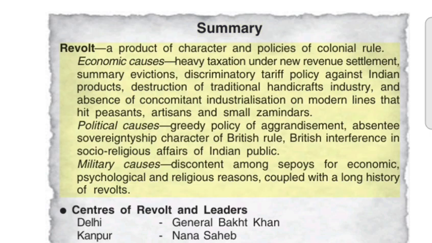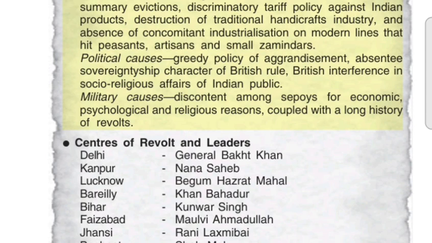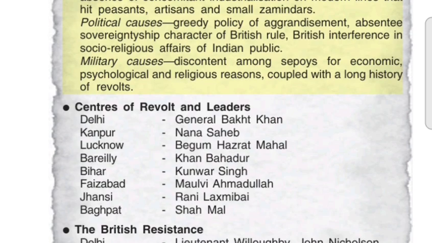Summary. The revolt was a product of the character and policies of colonial rule. Economic causes: heavy taxation under new revenue settlement, evictions, discriminatory tariff policy against Indian products, destruction of traditional handicrafts industry, and absence of concomitant industrialization on modern lines that hit peasants, artisans and small zamindars.